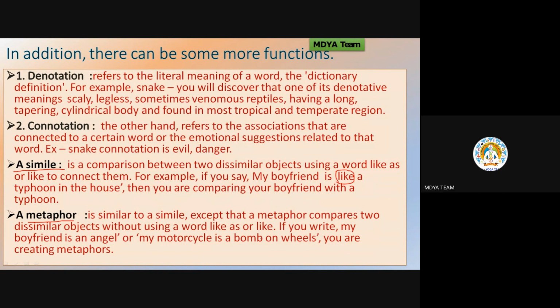And in metaphor, the example given is my boyfriend is an angel. So in simile we are using the word like or as, and in metaphor, we are not using any such word. So give me first more examples of simile.